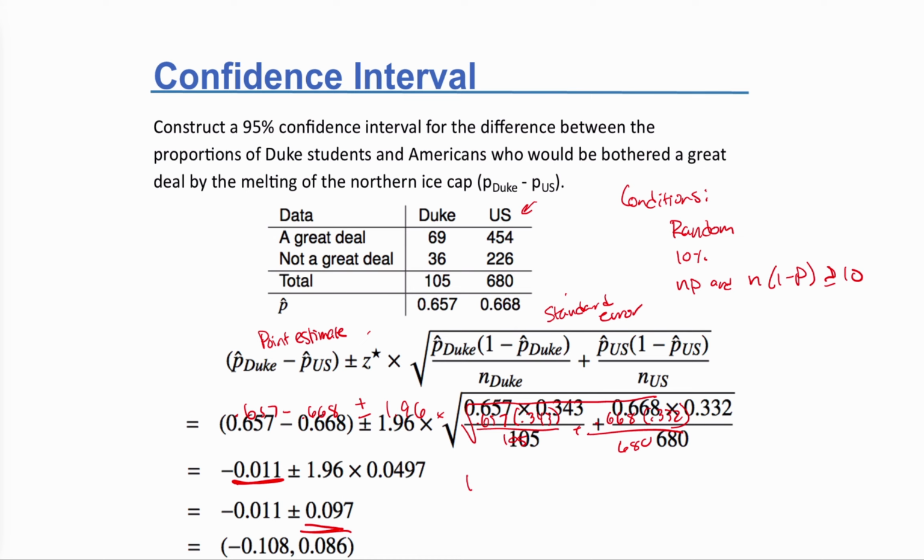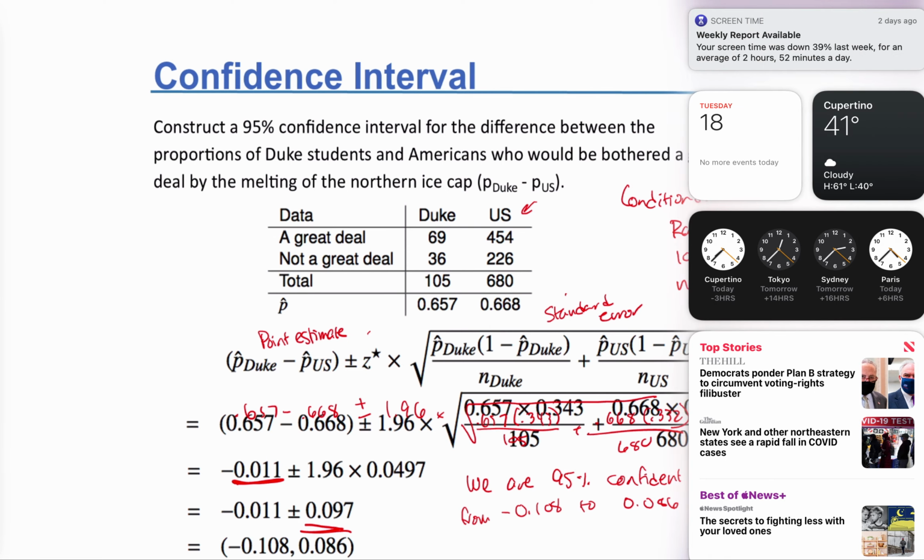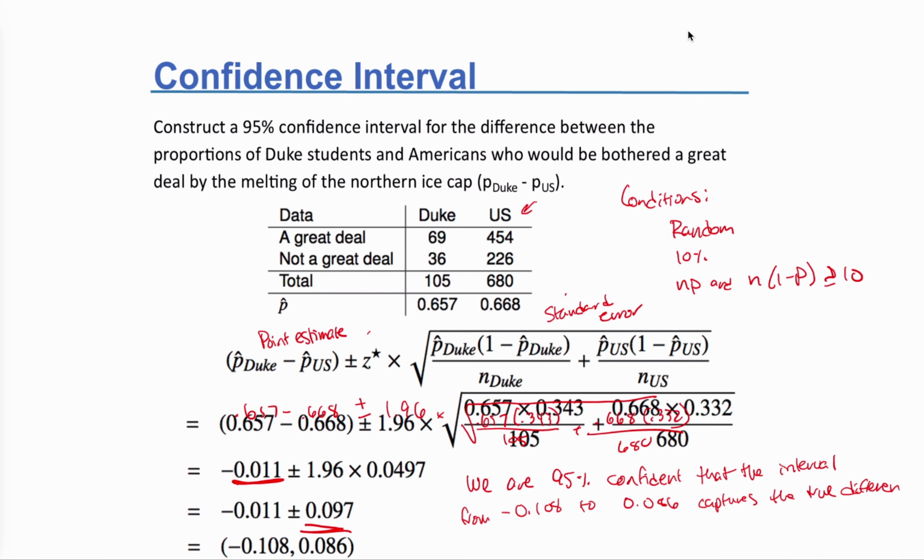And so our conclusion would be we are 95% confident that the interval from negative 0.108 to positive 0.086 captures the true difference in the proportion of Duke students and all Americans who say they would be bothered a great deal by the polar ice caps completely melting.